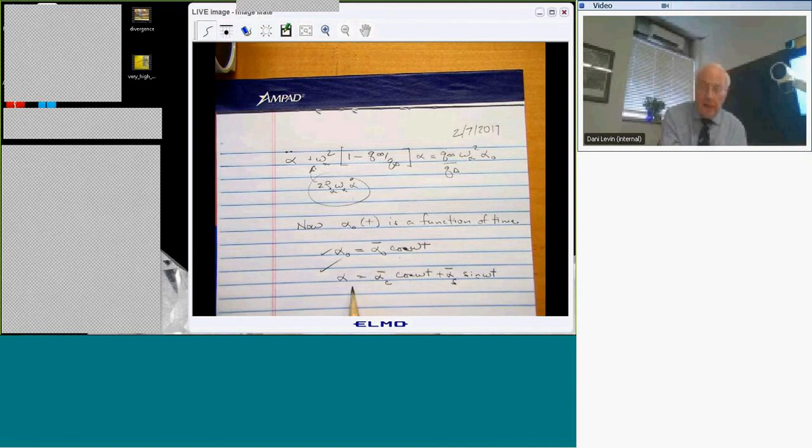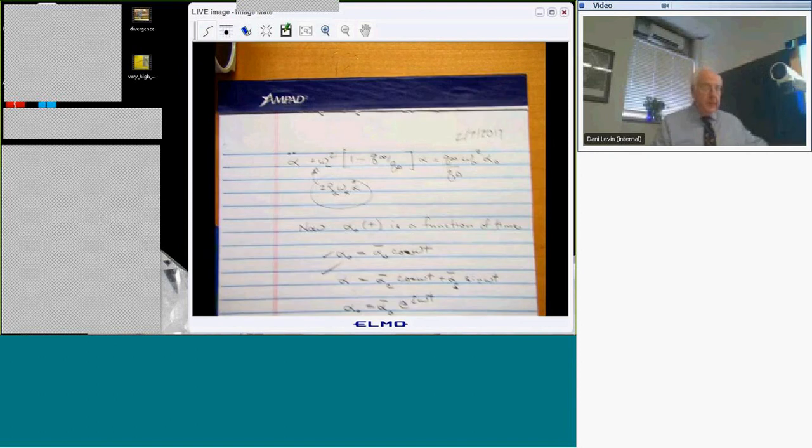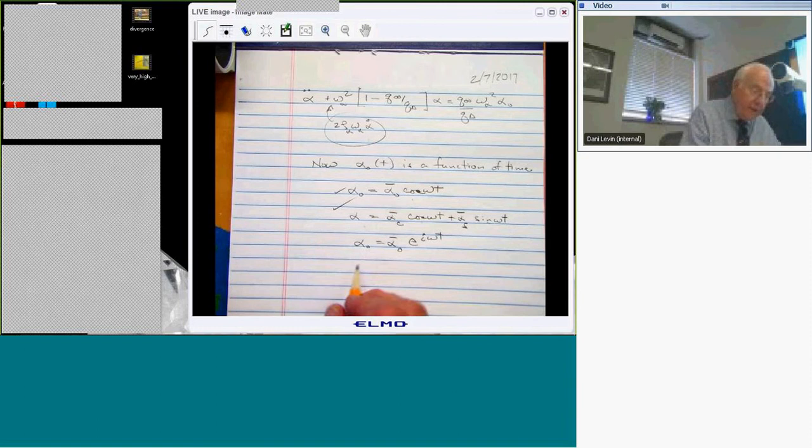And in fact, I can continue to use this notation, but no one does. Instead, what we do is we say the following. We say alpha naught is alpha naught bar e to the i omega t. And then by convention, we say, well, what I really mean is the real part of this complex number, which is exactly that. And alpha is alpha bar e to the i omega t.